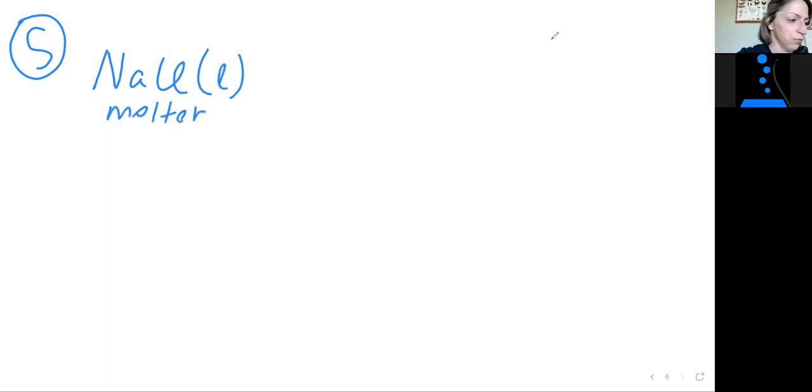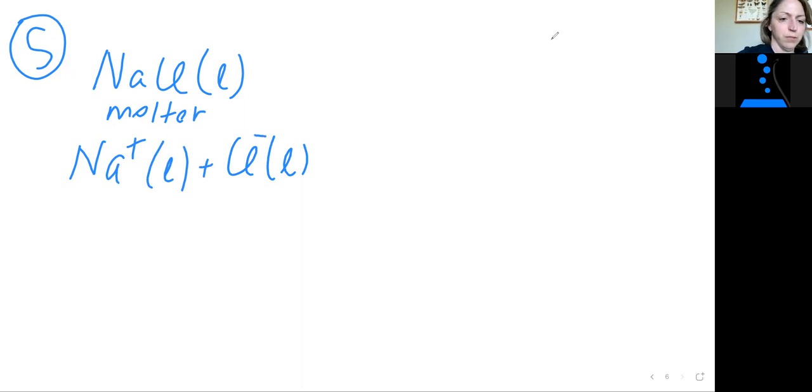So that means it's going to be in liquid form. And the thing about liquids and aqueous media is that in both cases, if it's an electrolyte, they can split up. So another way of writing the same thing would be this, okay? So this and this, that's the same thing, okay?